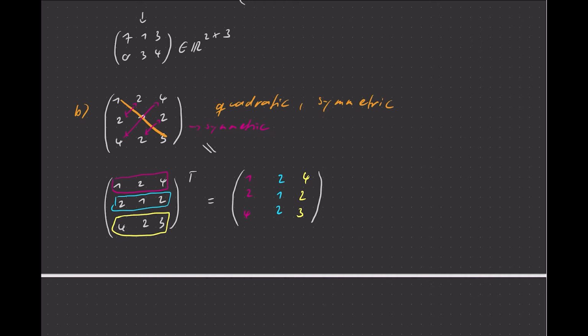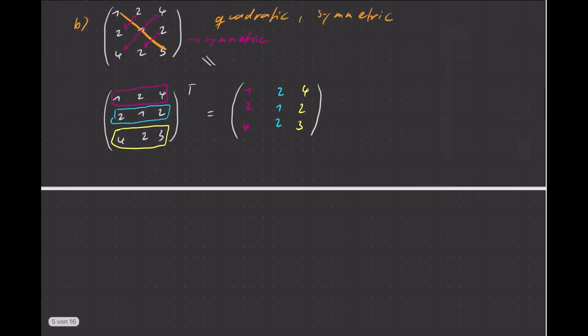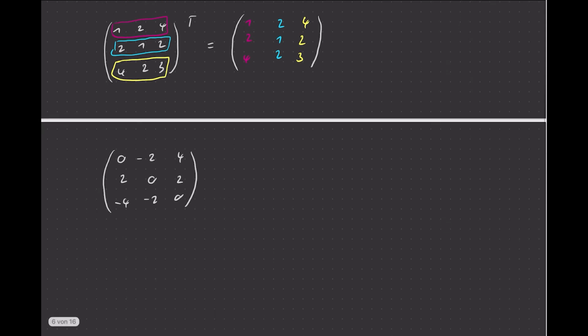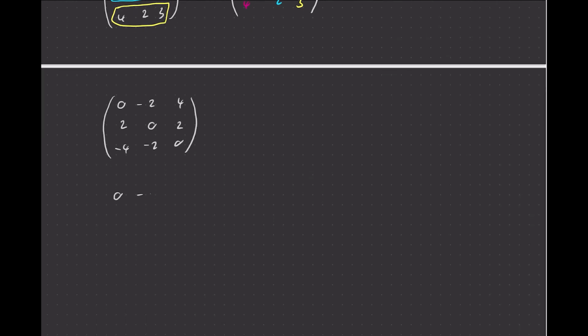Let's see an example of a skew-symmetric matrix. So if we take the matrix 0, minus 2, 4, 2, minus 4, 0, minus 2, 2, and 0. And if we transpose that, what do we get here?